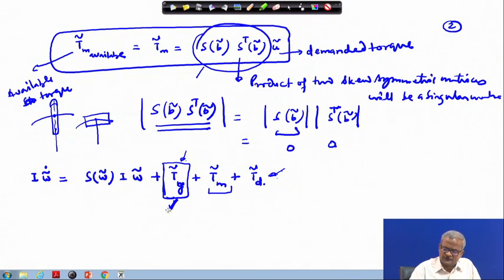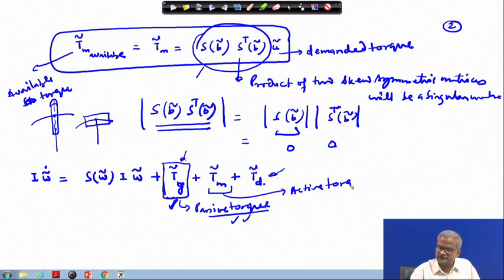However, this is just a passive torque, this is not in your hand. For a small satellite, this is not in your hand, so it will always be present. However, this is an active torque that the coil can produce.